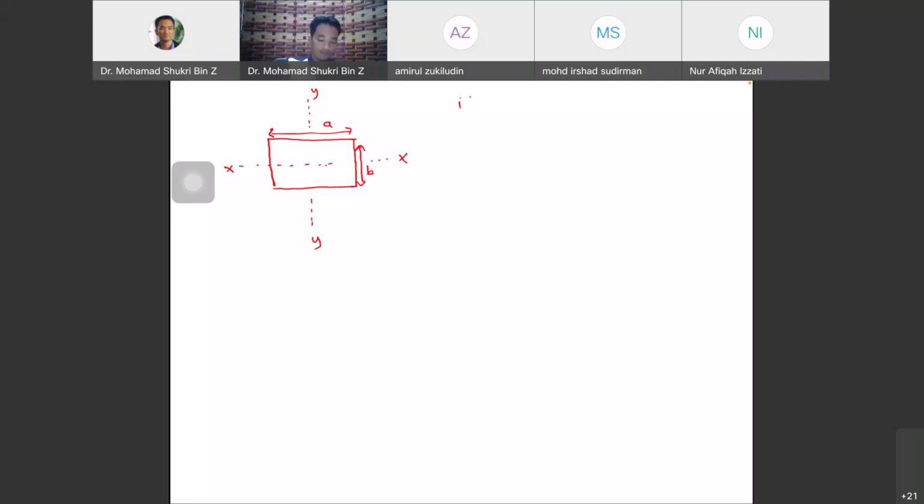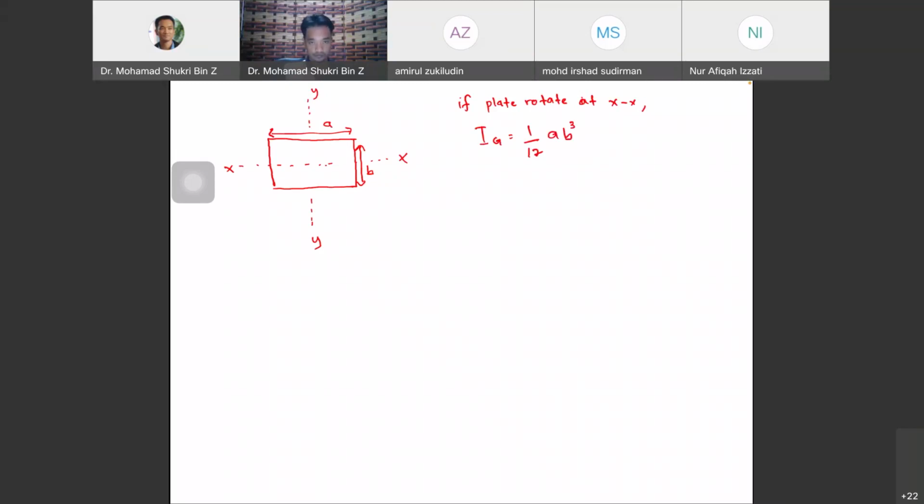If the plate rotates at x, the moment of inertia is 1/12 A... 1/12 ABQ.